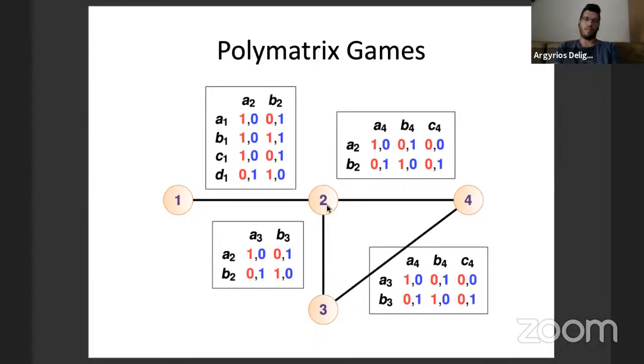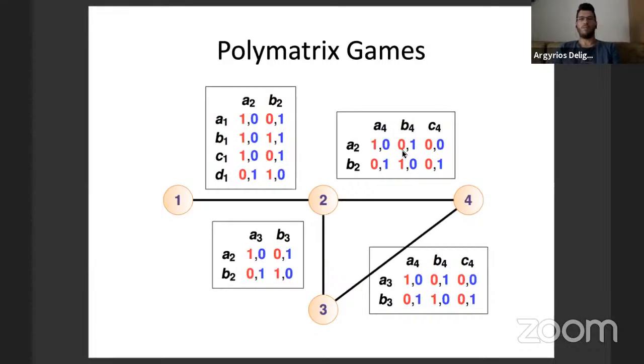In order to play the game, each node chooses a strategy and plays the same strategy over all 2-player games they participate in. And the payoff is the sum of the payoffs over all independent games. So here, player 2 participates in 3 games, with 1, with 4, and with 3, and he has 2 strategies. And here are the payoffs for the players. These are the bimatrix games.